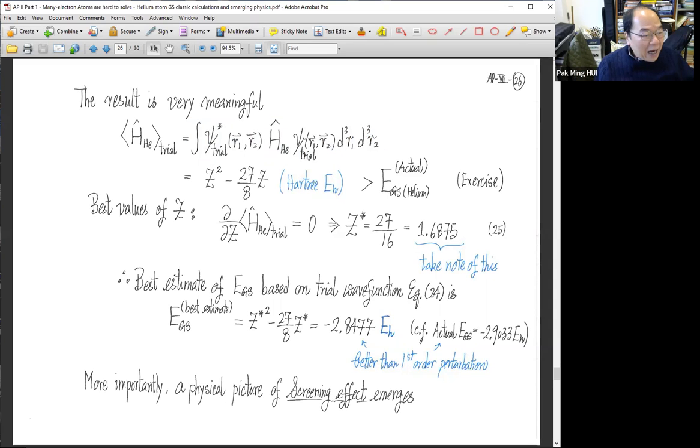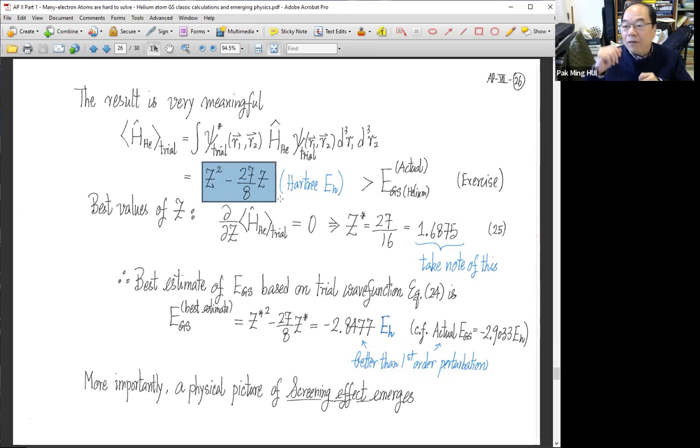Okay. The lovely thing is that it can be done analytically. Well, that is not surprising if you know how to do the first order perturbation. And the answer is, the expectation value is this much, in Hartree units.